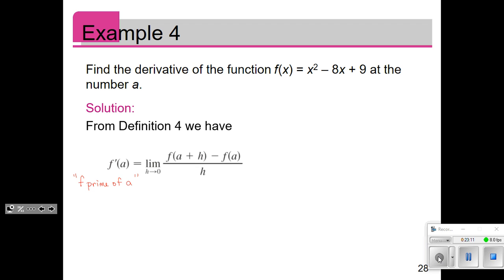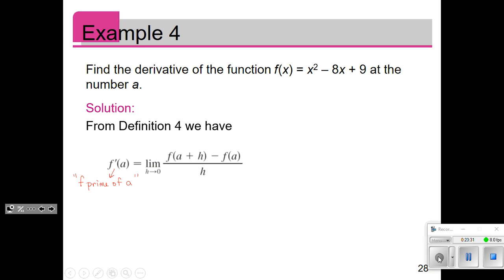I just want you all to know that's kind of how it's said in English. F prime of a, or first derivative of f, equals that. And that's typically using the h is really probably the norm that people use more than the x and a. They use the a and h. From definition 4, we have that.